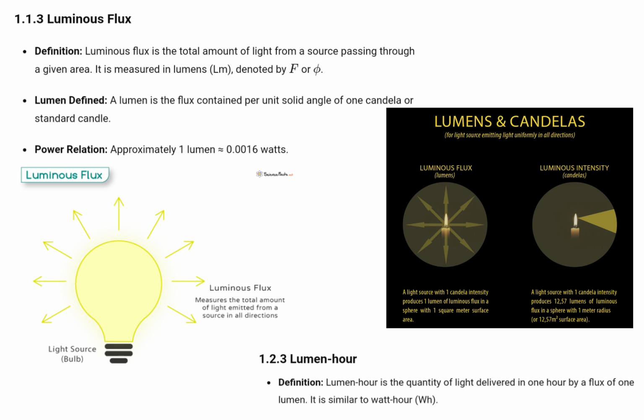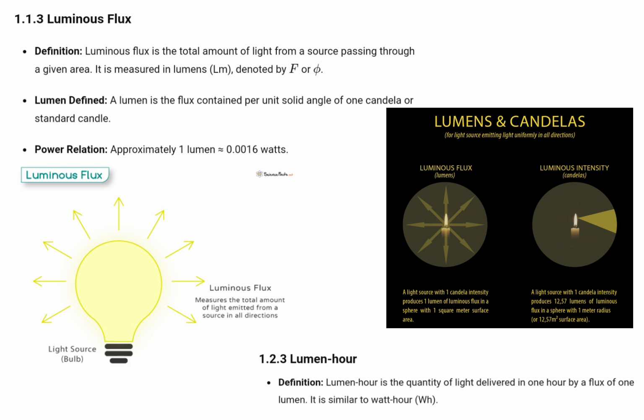The power relation: approximately 1 lumen is equal to 0.0016 watts. Lumens can be converted to electrical power, giving us an idea of how much energy is used to produce a certain amount of light.